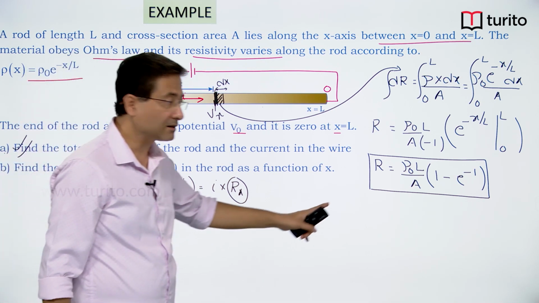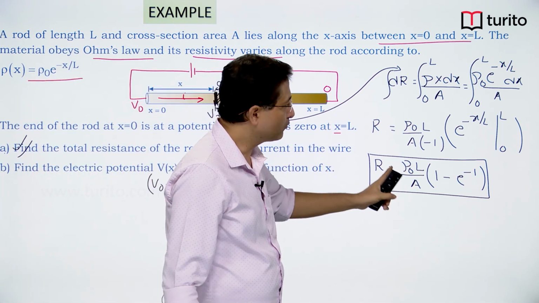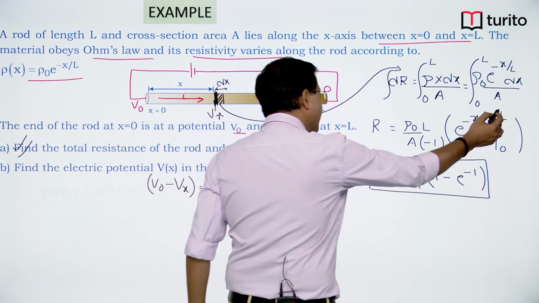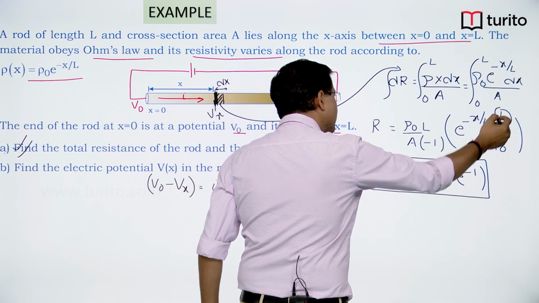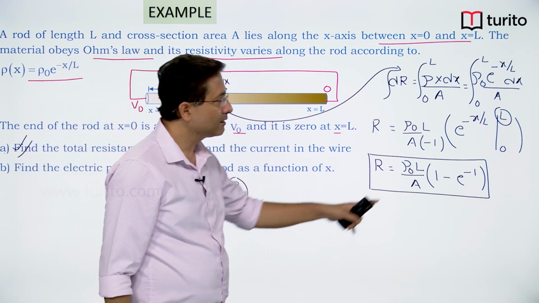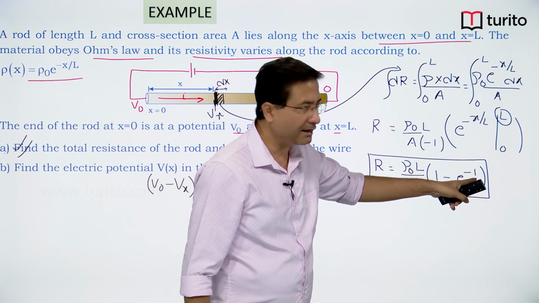So, I require the resistance up to x only. This is the total resistance, resistance up to L. Up to x means I need to just change the limit. So, instead of this being L, now I require up to x. So, there itself I will change the limit. If this is x, here x by L will come.